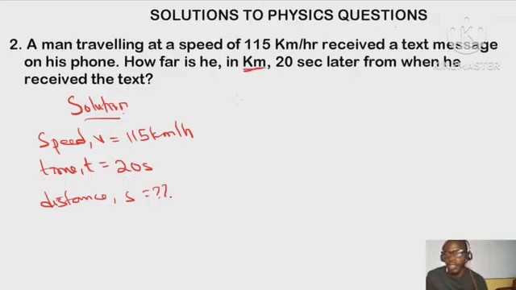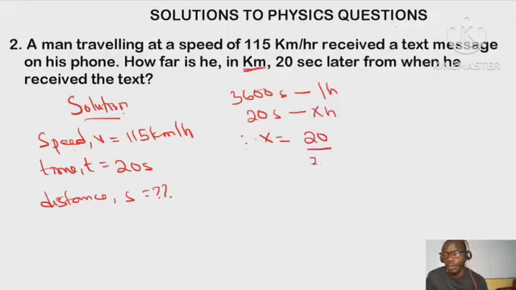But we know that 3,600 seconds is what equals 1 hour. So when you have 20 seconds, it's going to be x hour. Then from here we can see that x is going to be 20 over 3,600. And from here you can have 0 cancel 0, 2 goes in 2 is 1, 2 goes in 360 is 180. So therefore the time is going to be 1 over 180 hour.